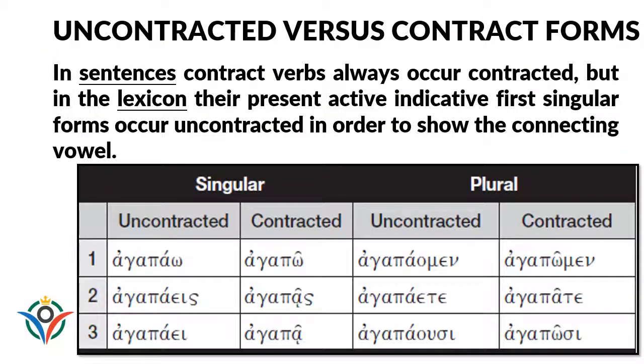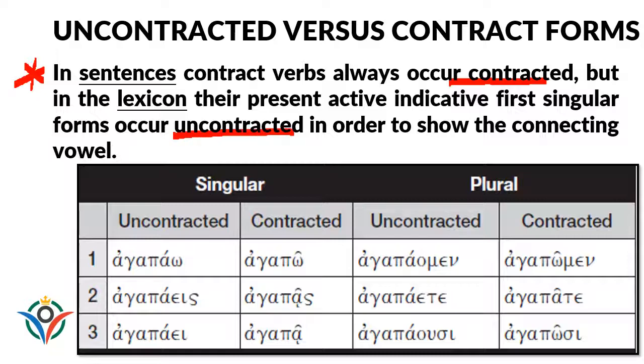Let us now speak about uncontracted versus contract forms. So this paragraph says, in sentences, or we could replace that with verses in the Bible, contract verbs always occur contracted. But in the lexicon, their present active indicative first person singular forms occur uncontracted. Why?